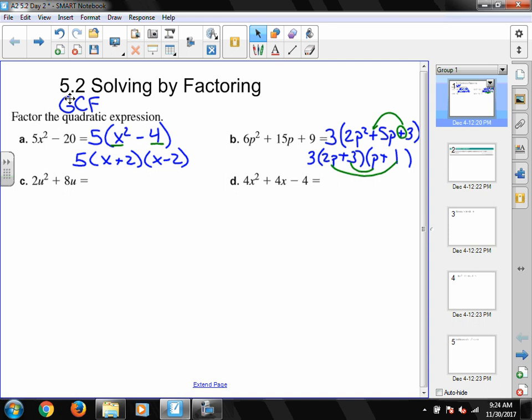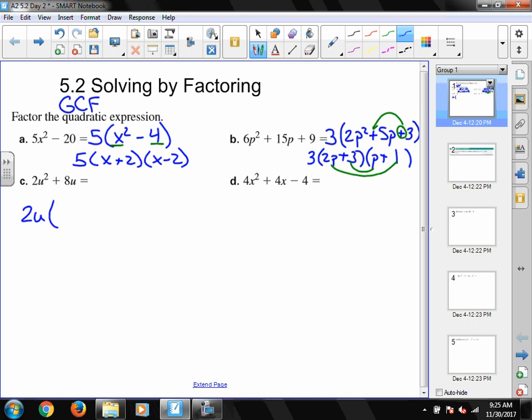Then, looking at problem C. What can I take out of both 2u squared and 8u? Well, I look at 2 and 8, and I say, well, 2 is going to divide both of those, of course, both even numbers. But I have a u squared and a u. So just like yesterday, we can take an extra u out of that.